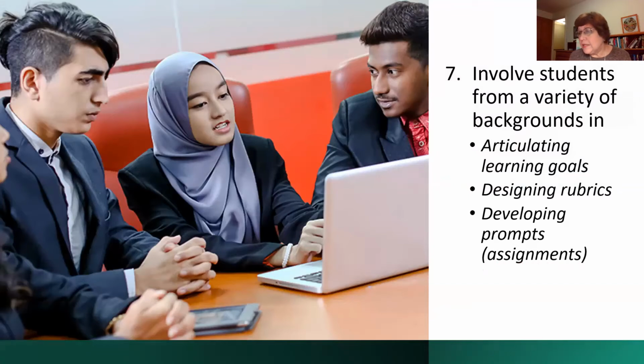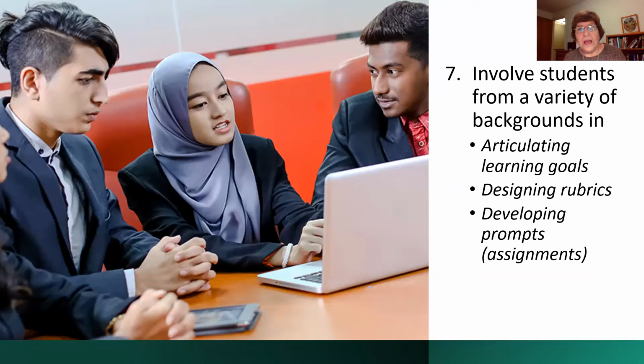Another thing I've learned is involve students from a variety of backgrounds and get them to help articulate your learning outcomes, whether they be course outcomes, program outcomes, gen ed outcomes, institutional outcomes. Get them involved in designing rubrics. Get them involved in developing the assignments. And again, make sure it's people from different backgrounds.